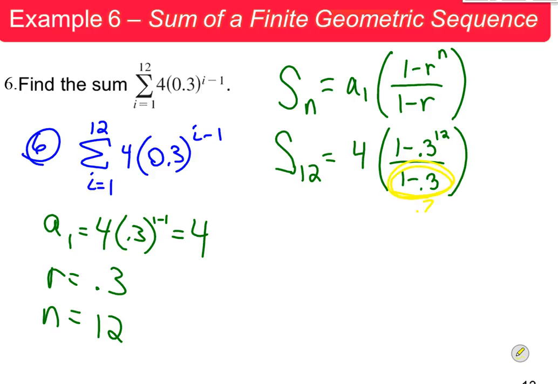So generally I just type in 0.7, and that makes me less likely to make an error. Just take a minute, type it in however you think is going to work, and we'll see what we get as an answer. I rounded mine to 3 decimal places, S sub 12.